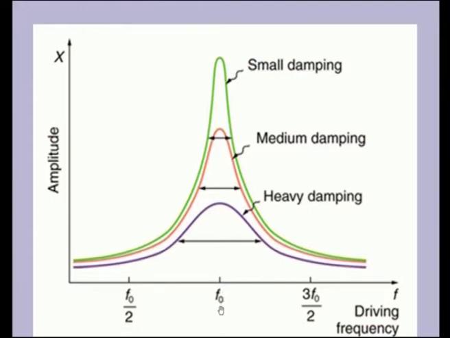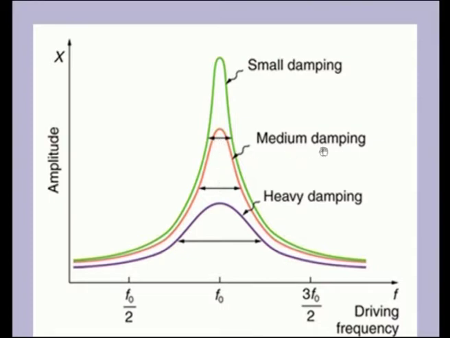Here the resonance frequency is marked as F0, and all the three which we have taken as models have the local maximum at F0 only, and this case has a small damping, that is why the amplitude has a maximum value. This second graph has the medium damping, which is marked here in red color.